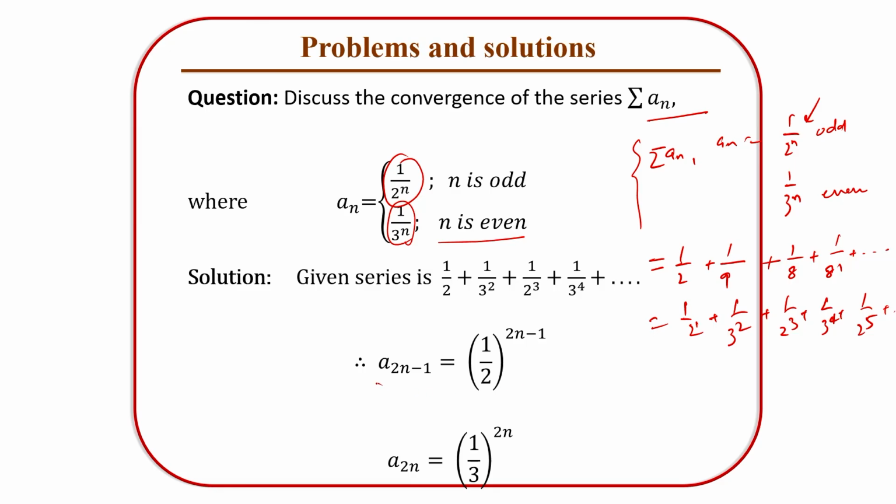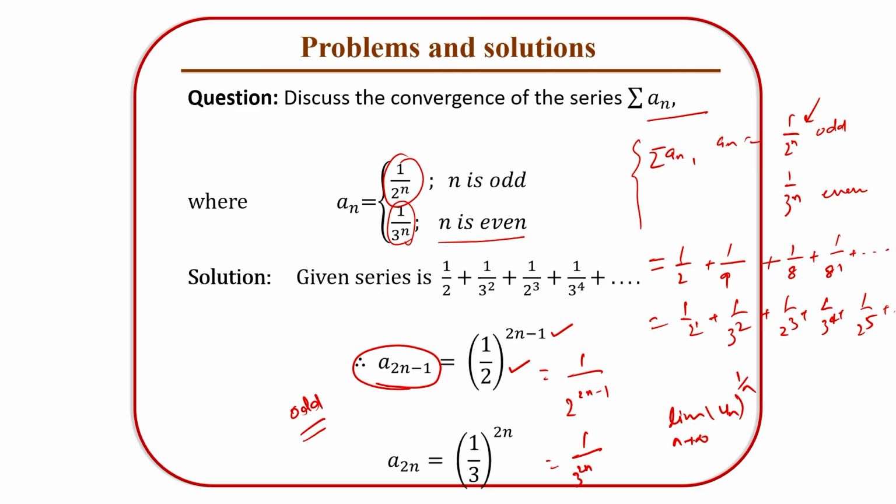Yes, we can. So calculating the odd terms, a2n minus 1, I can write this as 1 by 2 to the power 2n minus 1, as given here, right? And a2n is 1 by 3 to the power 2n. Now taking the limit of un to the power 1 by n, n tends to infinity, for each of a2n minus 1 and a2n.